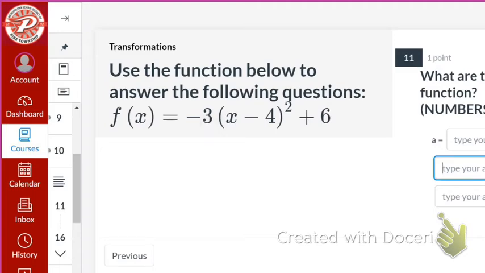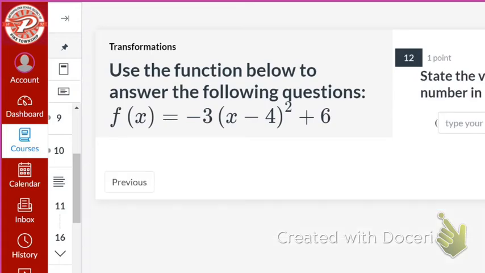My H value, remember you have to set this equal to 0 first, so it's going to be the opposite sign. That's going to be a +4 right here. And K goes right here. That's your 6. So basically just the vertex really. Yes. When I'm asking for A, H, and K, it's your A and your vertex.